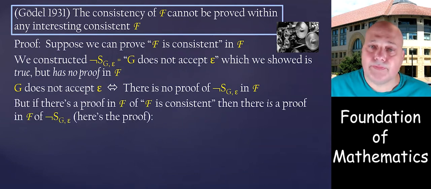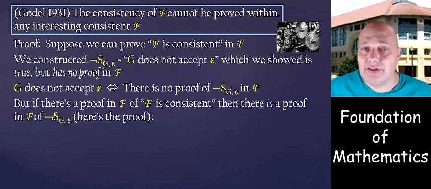But if there is a proof, F is consistent, then there is a proof of not S_{G,ε}. And this will create a contradiction because we just argued that there is no proof of not S_{G,ε}.